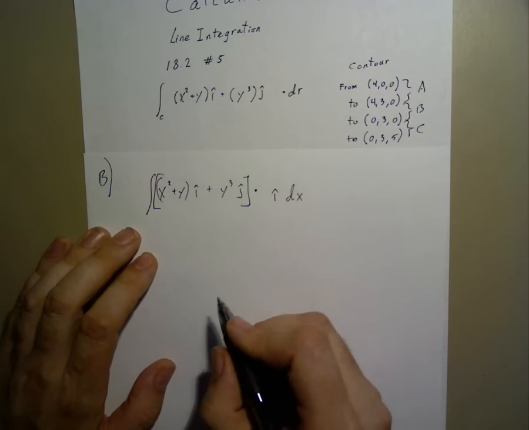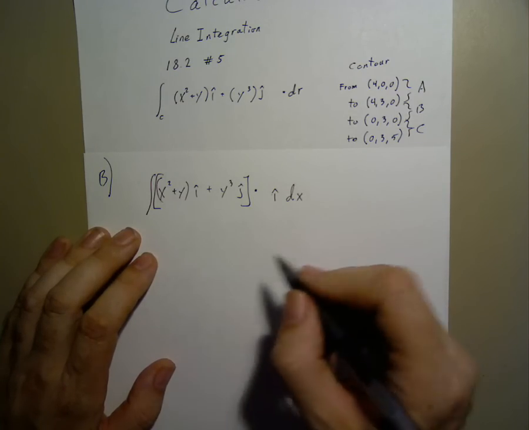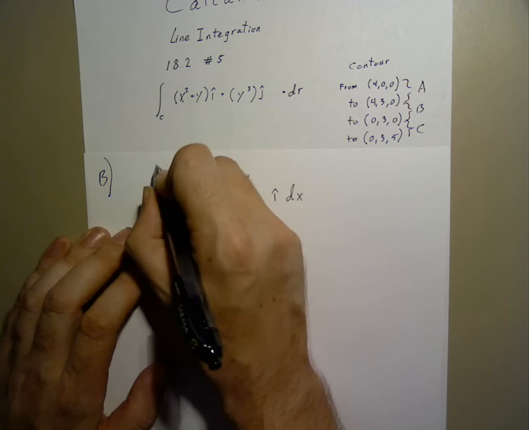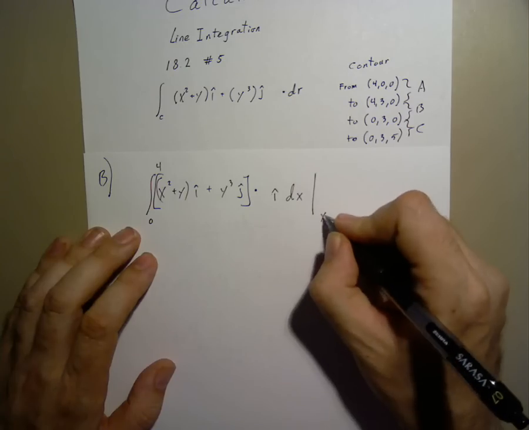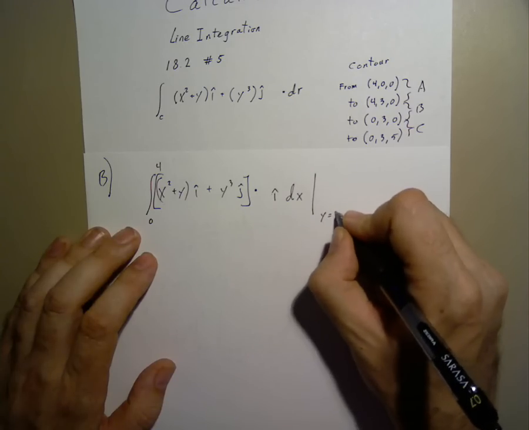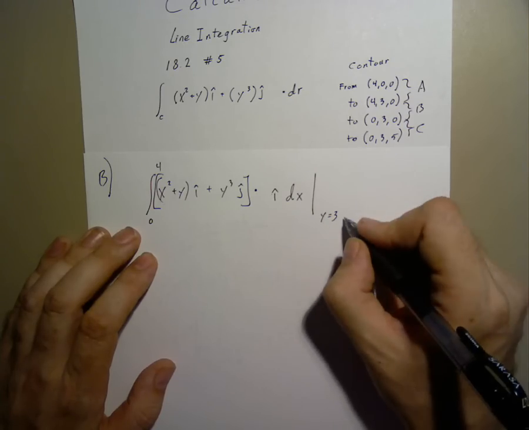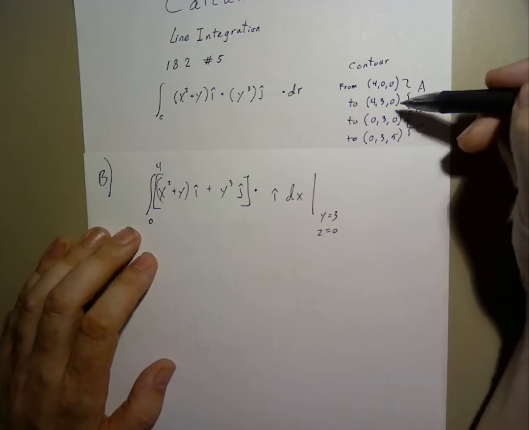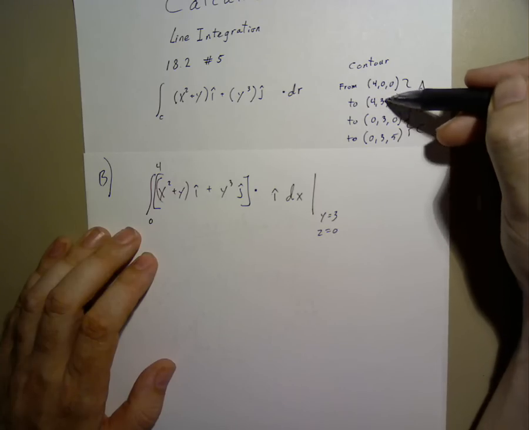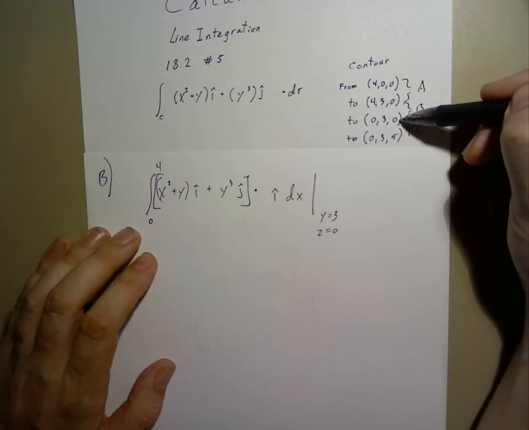because that's what the vector differential would be. To evaluate this, we want to integrate x from 0 to 4, while holding y equal to 3 and z equal to 0, because these are held constant between these 2 points.